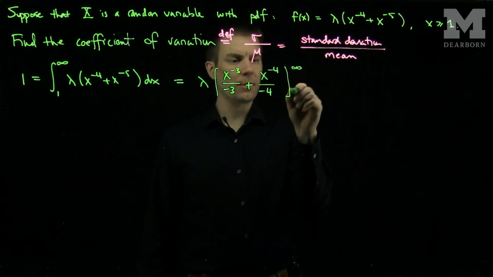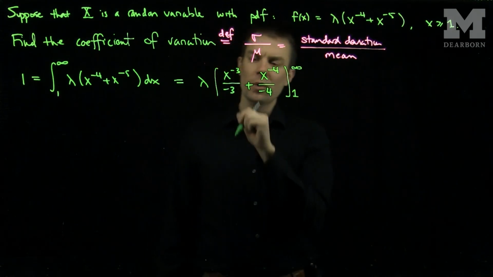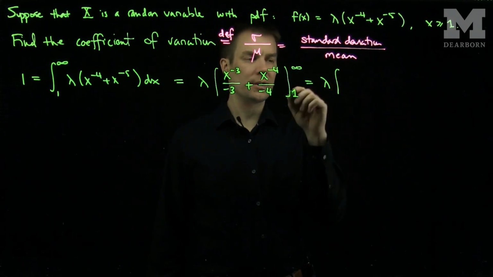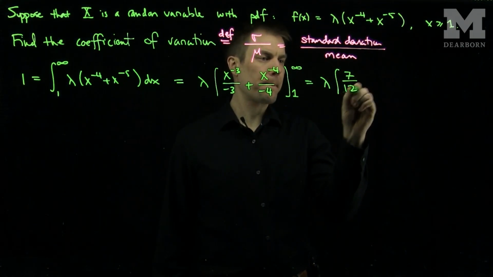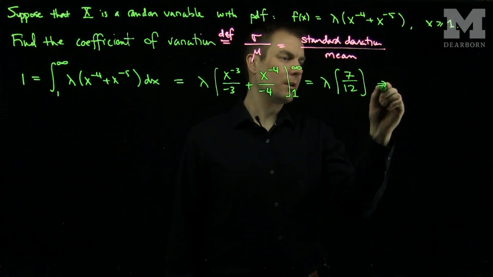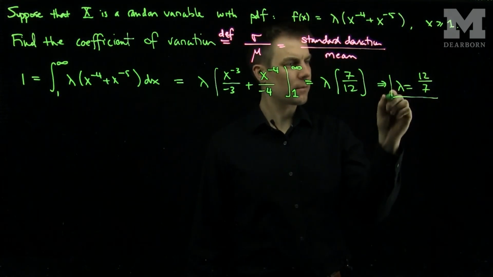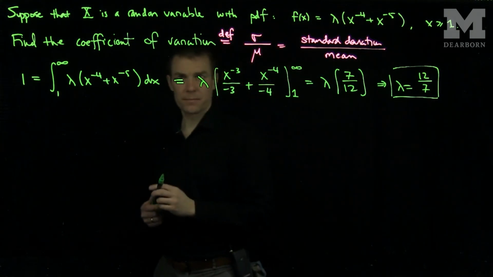When I plug in infinity to both of these, we get 0. When we plug in 1, we get a third plus a fourth, which is 7 over 12. Therefore, lambda must be 12 over 7. And now we have our value of lambda.